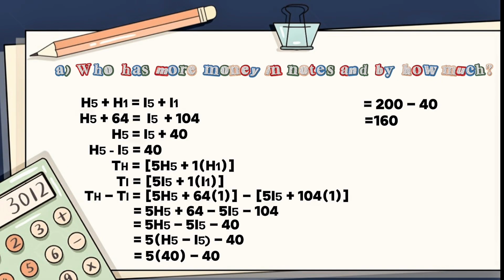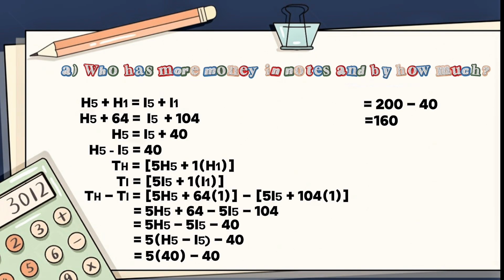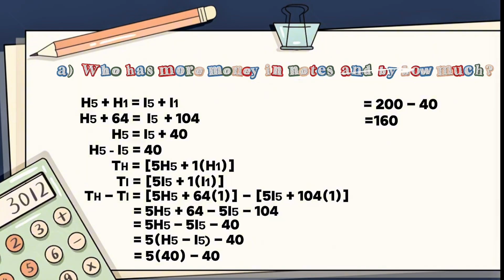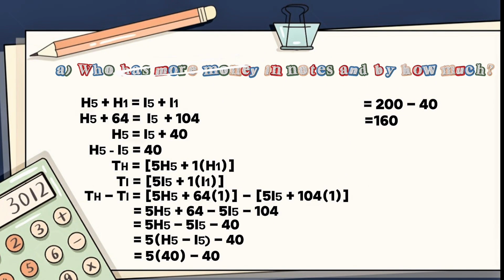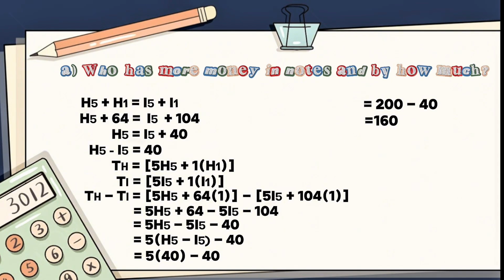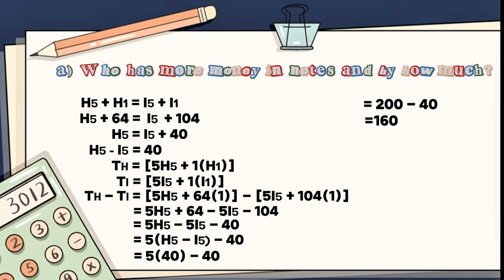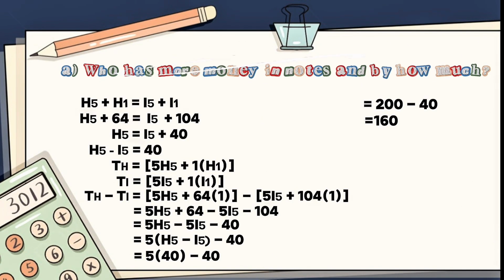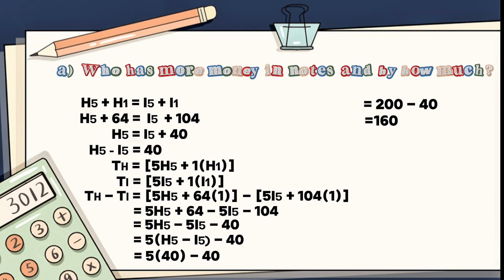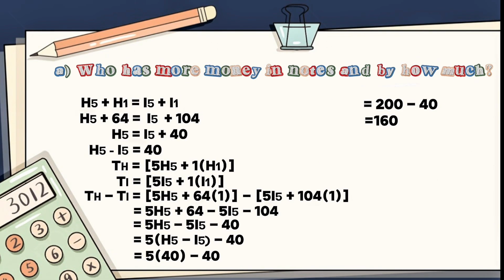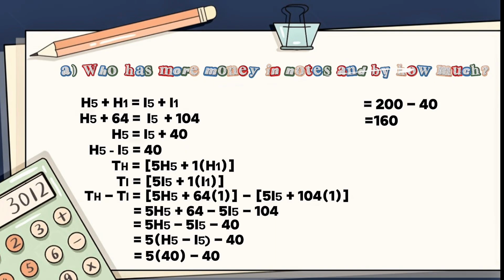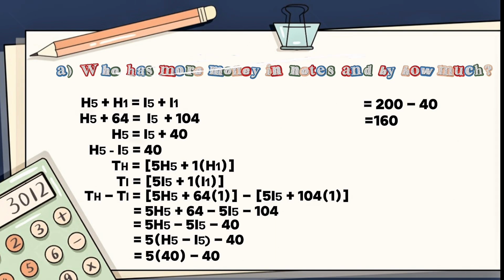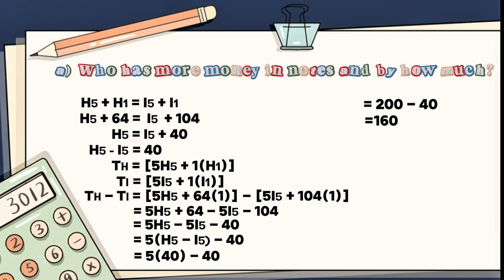TH minus TI equals 5 multiplied by (H5 minus I5) plus (H1 minus I1). We already know that H5 minus I5 is 40 and H1 minus I1 is 64 minus 104, which equals negative 40.